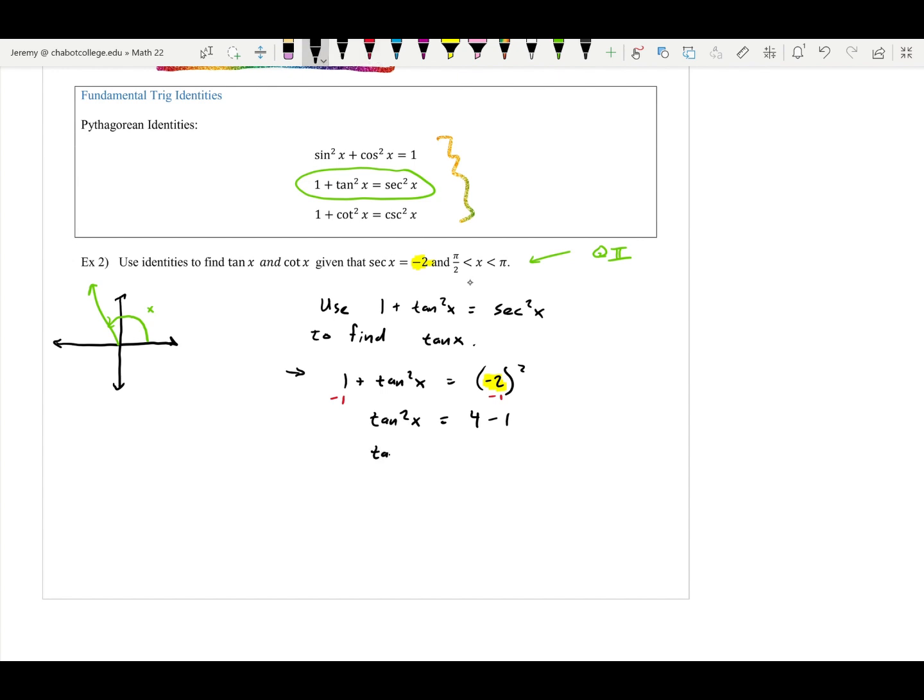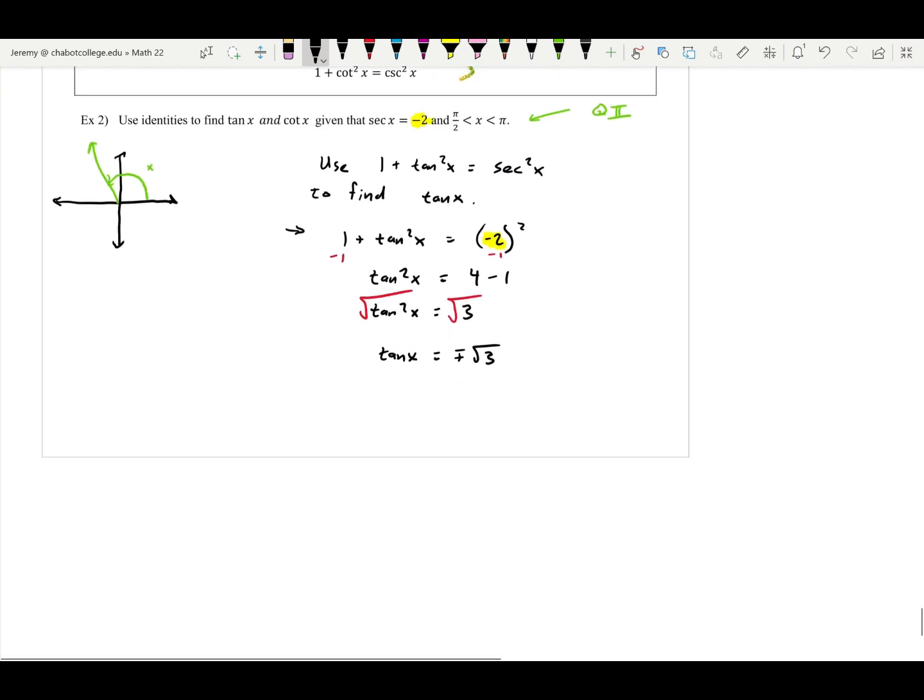So then tangent squared x is equal to 3. I'll take the square root of both sides to solve for tangent of x. And whenever we do a square root of something squared, we get a plus or minus. So plus or minus √3 is what tangent will be.